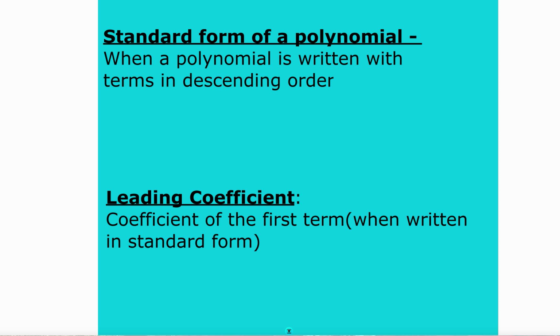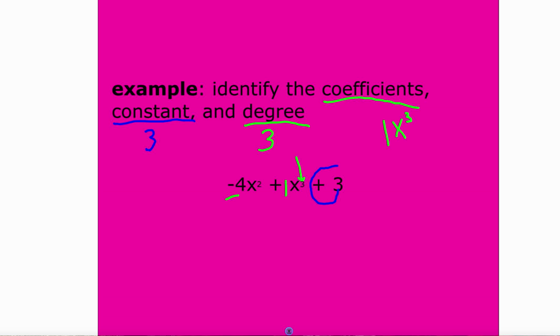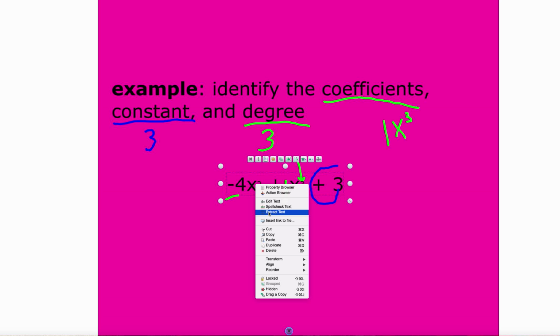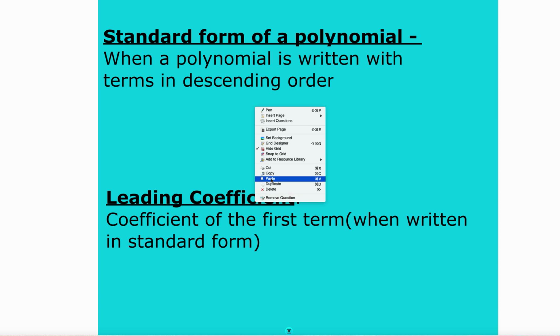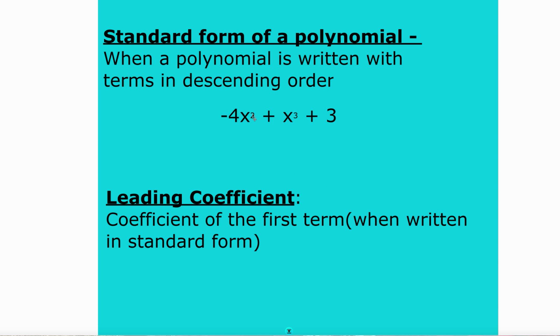The next vocab term is called standard form of a polynomial. In class, I've always been encouraging everyone to write them in standard form. Standard form is when a polynomial is written with the terms in descending order. For example, this previous polynomial that we had was not written in standard form, because the exponents aren't in descending order.